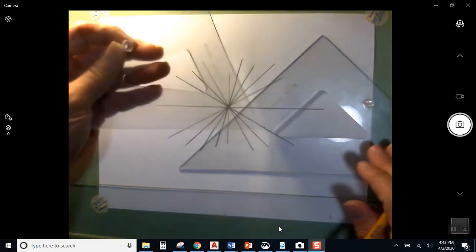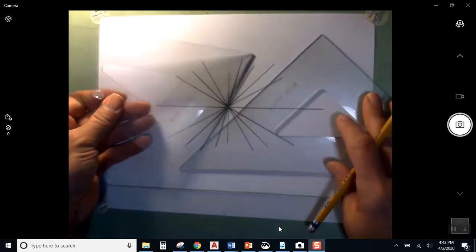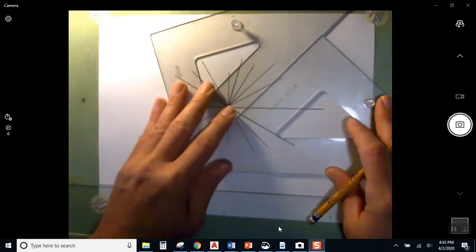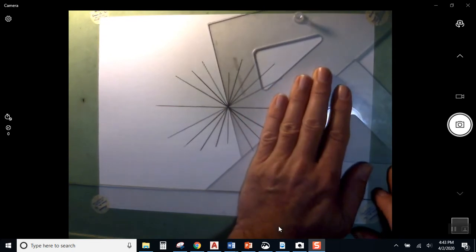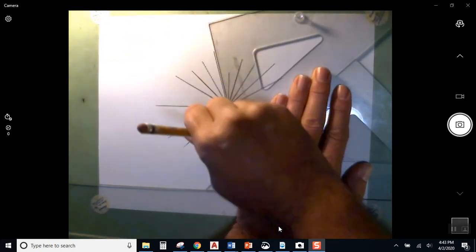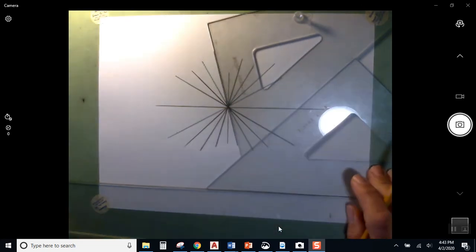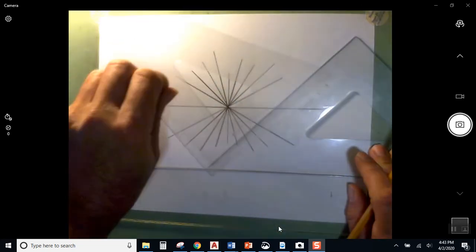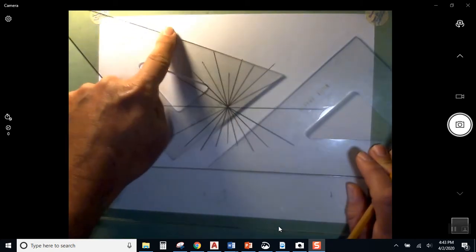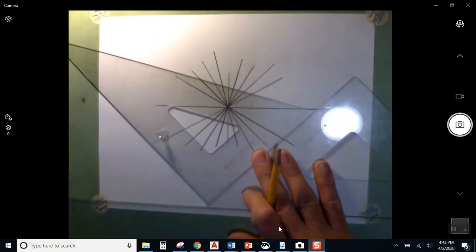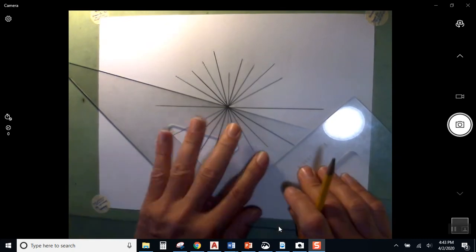And I'll do the same thing on the other side. And then if I flip things around a little bit, 45 minus 30 gives me 15 degrees. So I'll knock out my last two angles here.